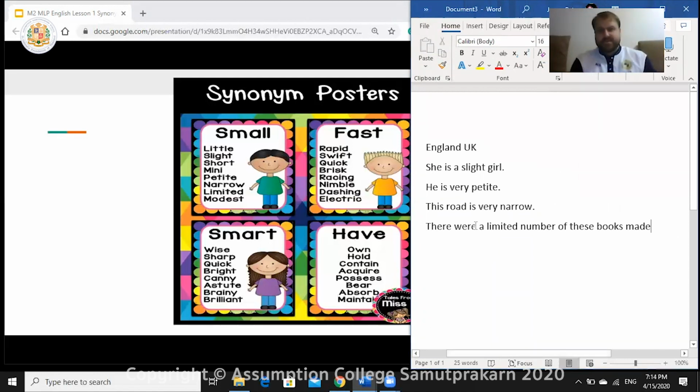Should be was, because it's a singular number. There was a limited number of books made.